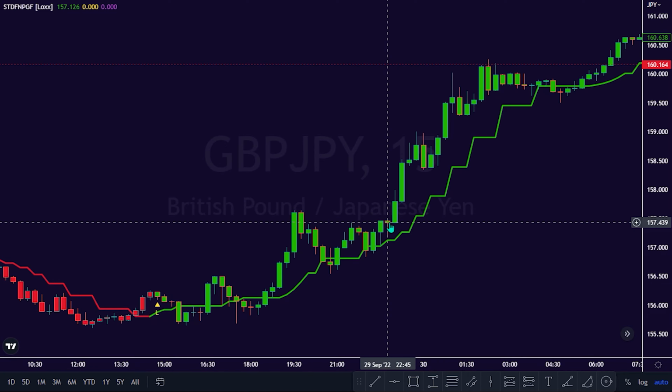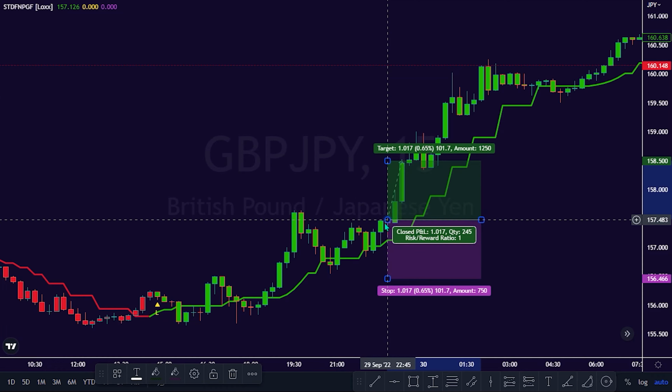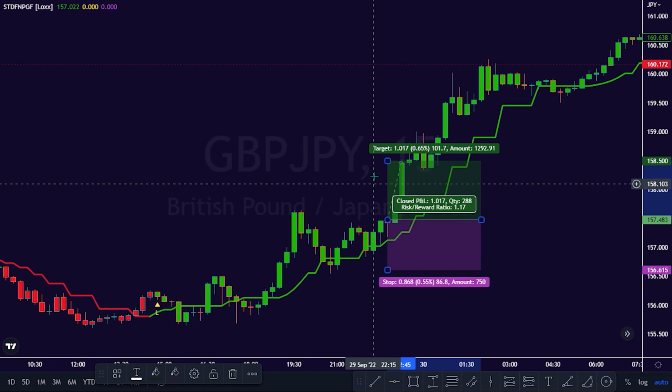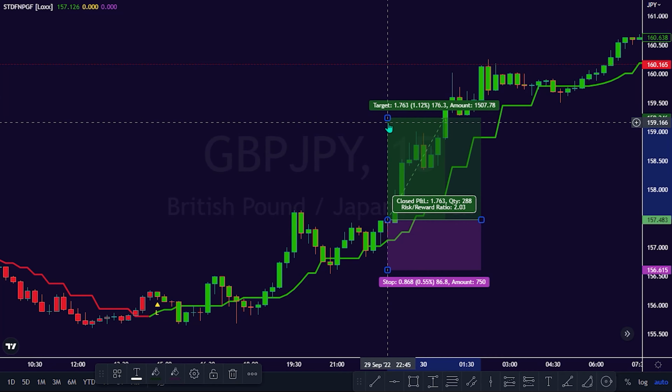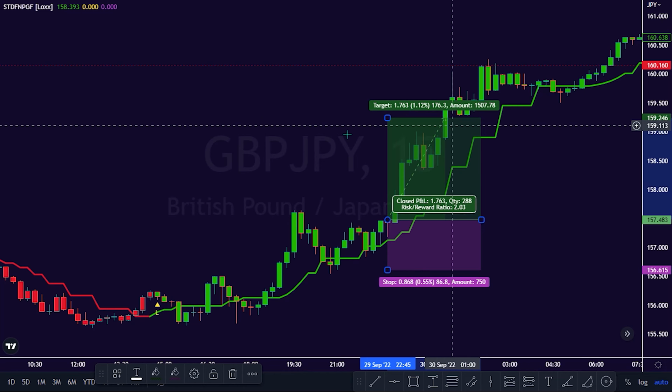I will place my stop loss below the last low of the strong bullish price action rejection from the retest of the Gaussian filter indicator green line. And I will target a minimum buy profit target of a 2 risk to reward ratio.